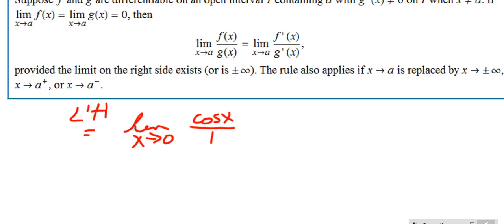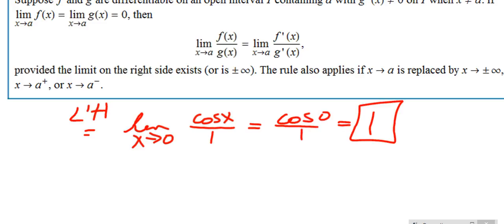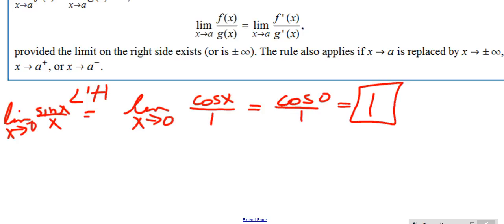I now can do direct substitution, which ends up being 1. And that's what we've known all along. So by L'Hopital's rule, we can prove that sine x over x as x approaches 0 is 1. I'm going to do a couple of examples, and then we'll move on.